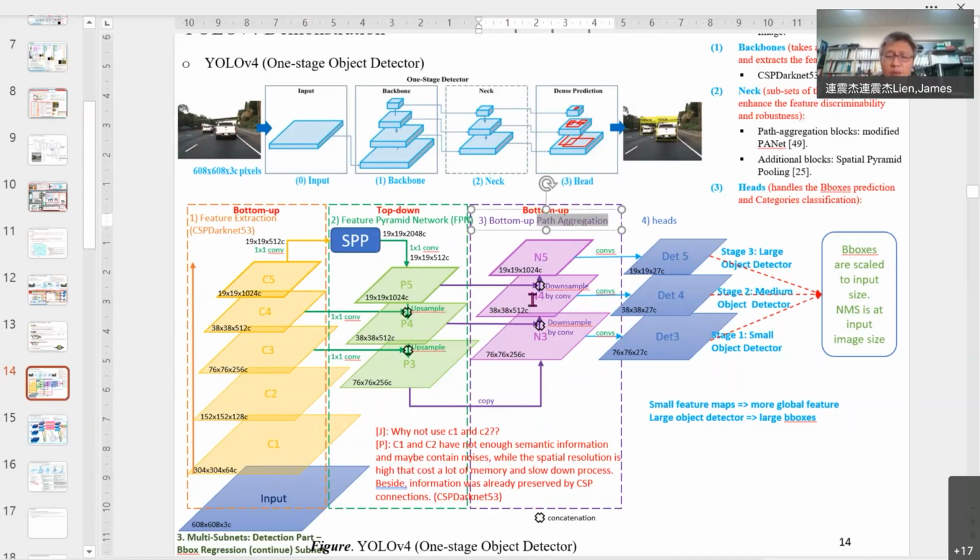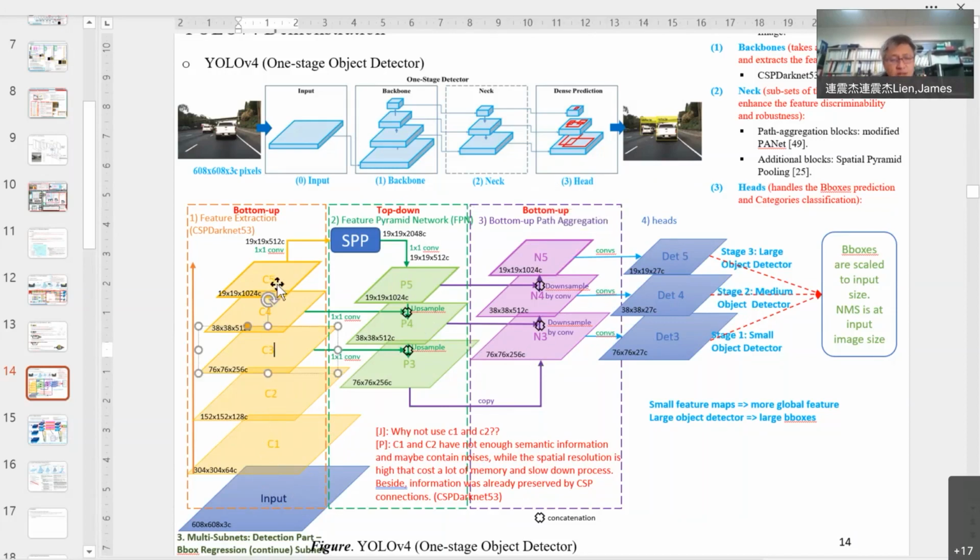But why do we want PA net? Why do we have one more downsampling here? Because originally, we only have the feature pyramid network: upsampling, downsampling, and then the output head. Now, why they include PA net here is because, see, we check this one. P5: from here we do downsampling, one stage, 2, 3, 4, 5.